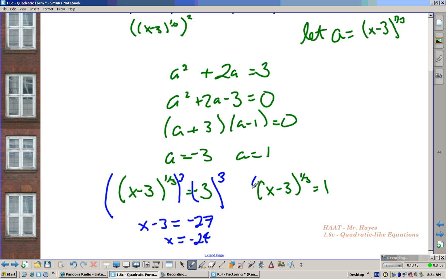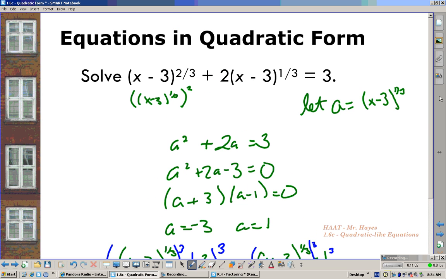And then over here, you can do the same thing. I'm going to raise this to the 3rd power, and this to the 3rd power. So now I have x - 3 is equal to 1, so x is going to equal 4. Now again, particularly when you're dealing with roots or fractional exponents, you always want to double check your work pretty quick.